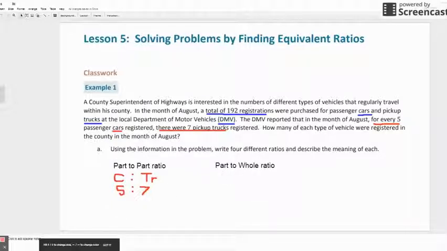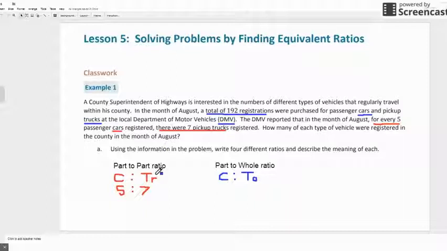So let's get out our pen. We have 2 parts. Remember, we have cars and we have trucks. So I'm going to use the part of cars, and I'm going to compare it to the whole, or the total. Now the reason I'm going to put T-O for total is because in the reading it says total: total of 192 vehicles, 192 registrations.